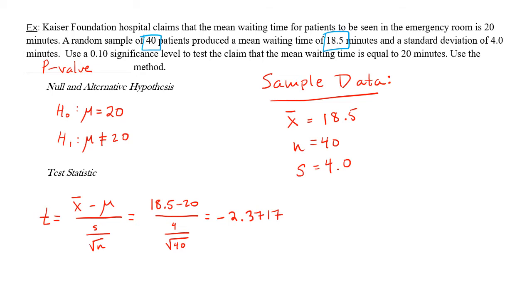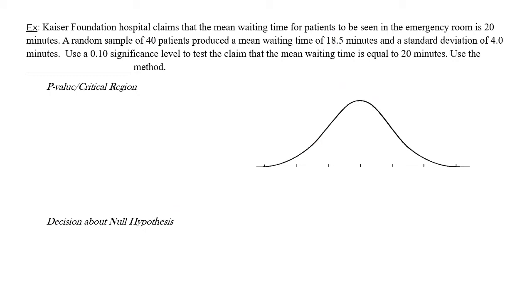Now that we have the test statistic, we can compute the p-value. To visualize it, the test statistic we found was negative 2.37, so maybe somewhere around there. To compute the p-value, remember in this case our alternative hypothesis was using the not equal to symbol, so we're going to do a two-tailed test.